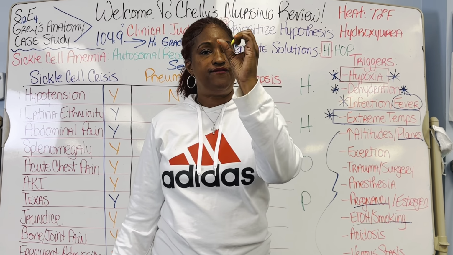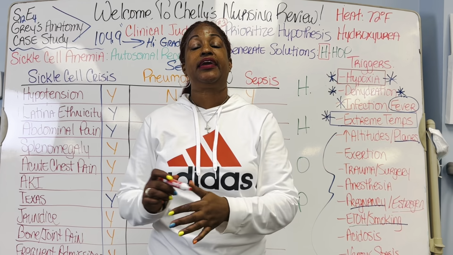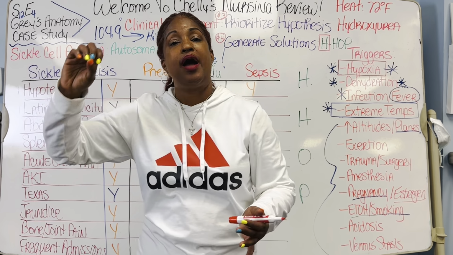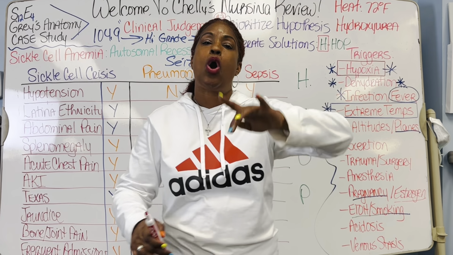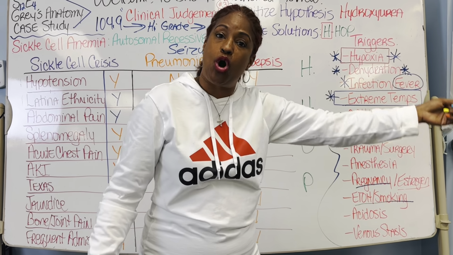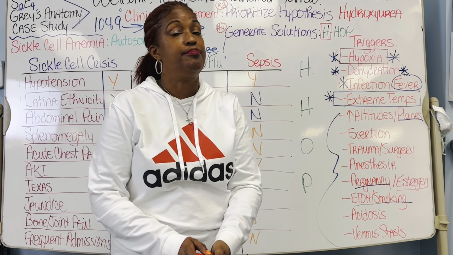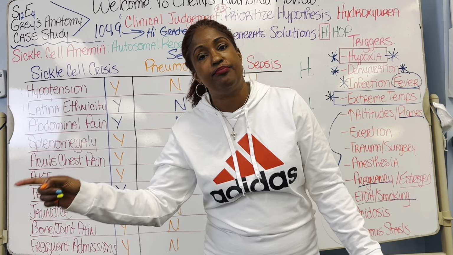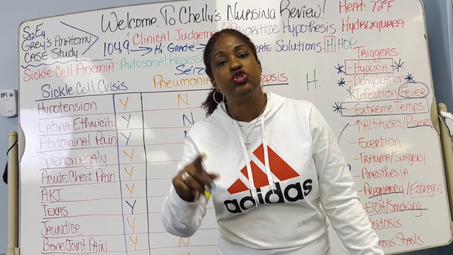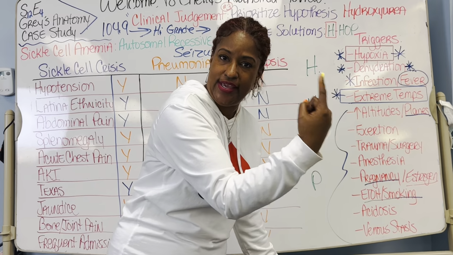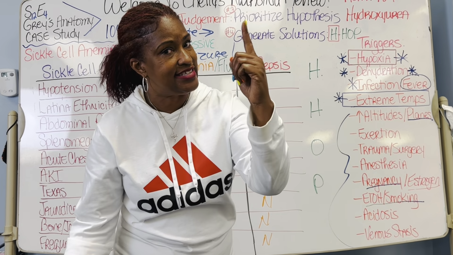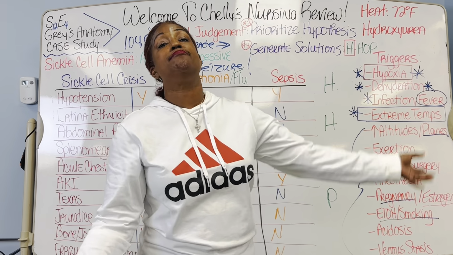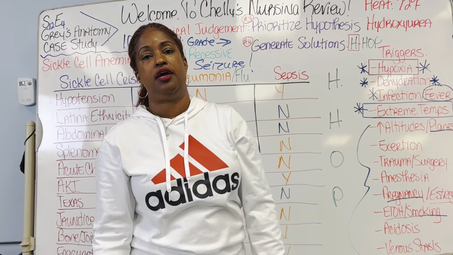That baby vasoconstricted, became more ischemic, which caused tissue hypoxia, which made her bone marrow want to put out more red blood cells. The problem is there's a genetic condition making the red blood cells that the bone marrow put out sickled. So now the sickling has increased, and that made the hypoxia increase, and that made the ischemia increase, and that made the poor perfusion.